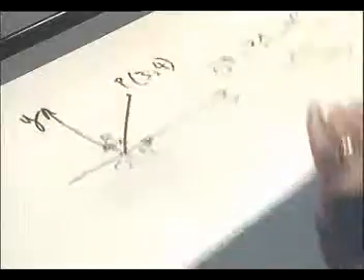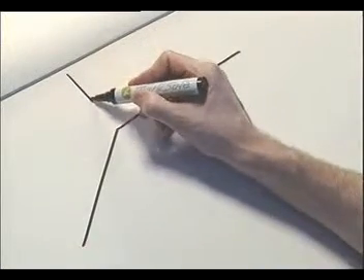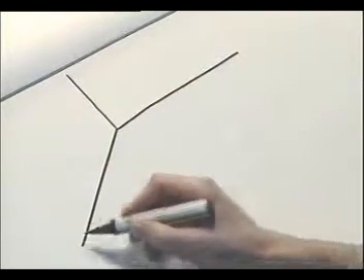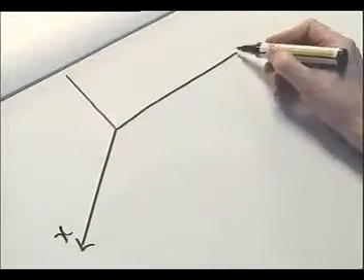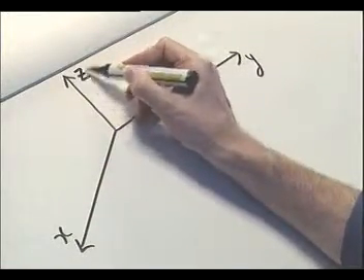Just depends. What about moving then into 3 dimensions? We've got x, y, and of course the tradition is to use z. So let's have a look. Let's draw in our 3 axes. So there we've got x, y, and z.